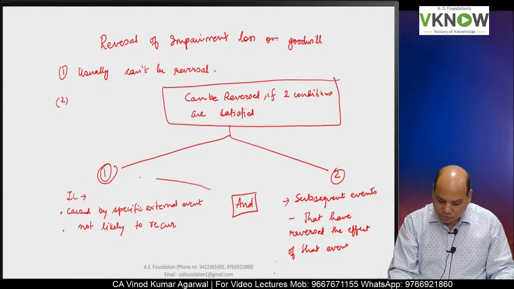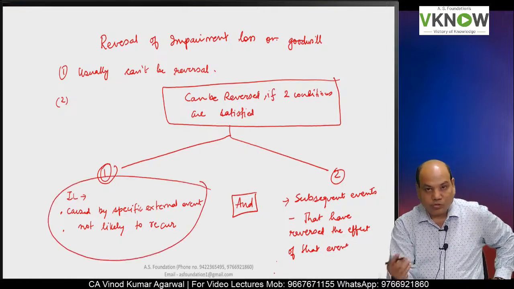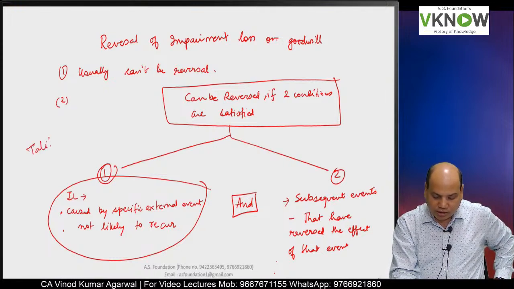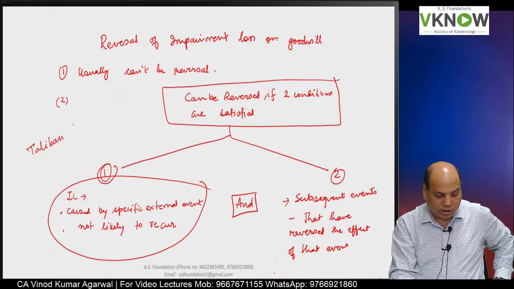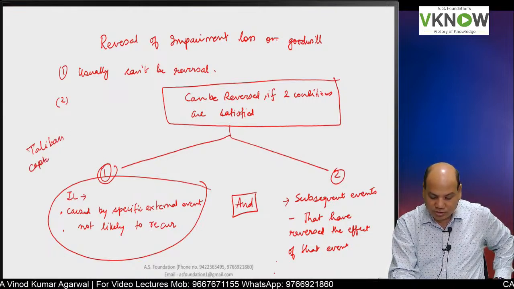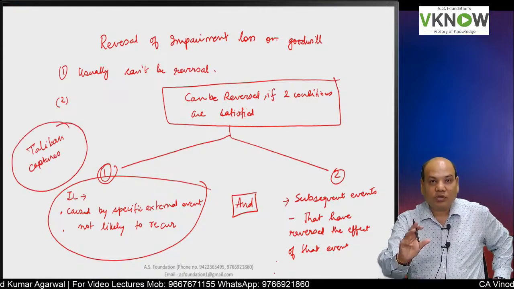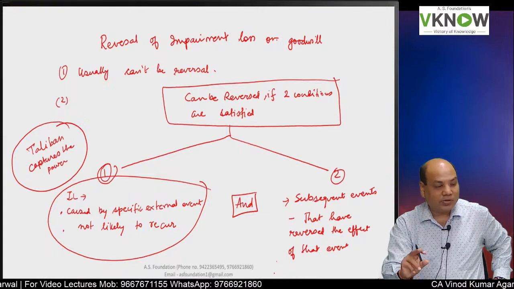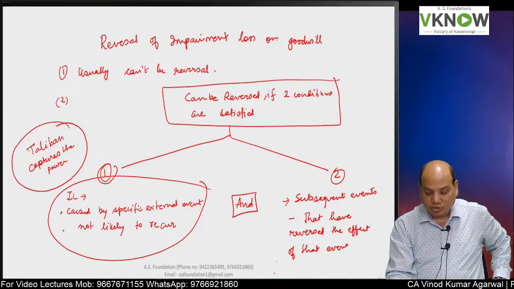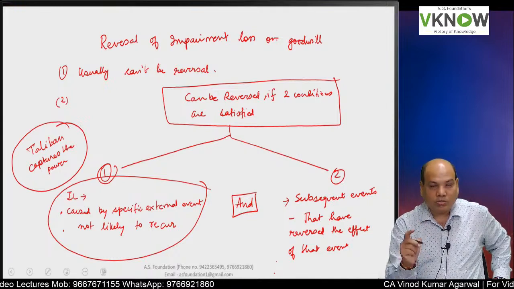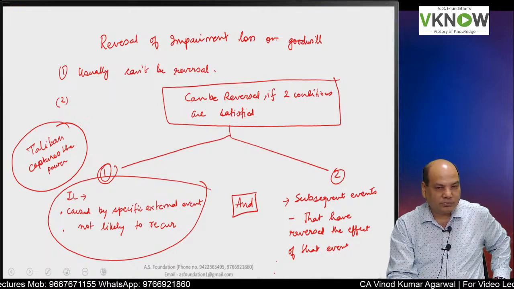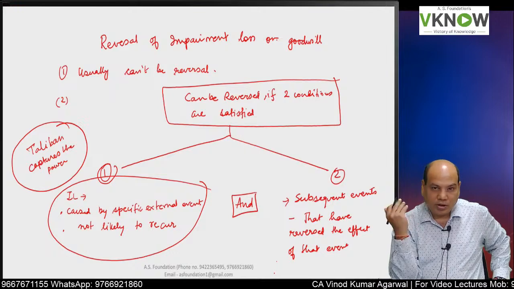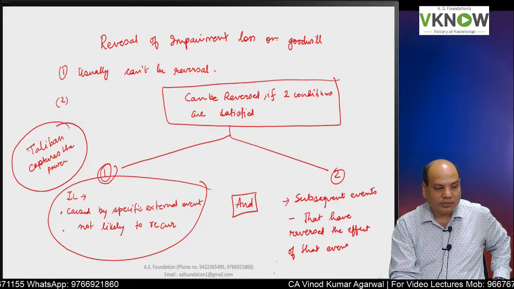Suppose, for example, an extreme example, but you will like it, the Taliban captures power and now starts ruling the country. The Taliban will say no man will shave his beard. If anybody is found shaving the beard, his head will be shaved off forever.